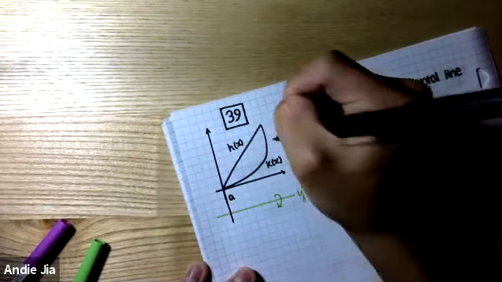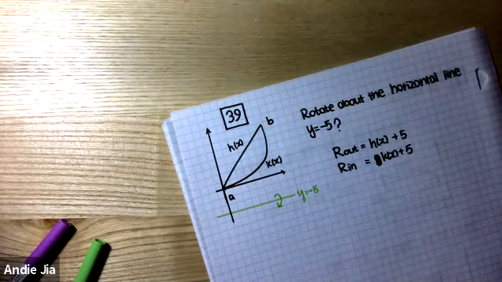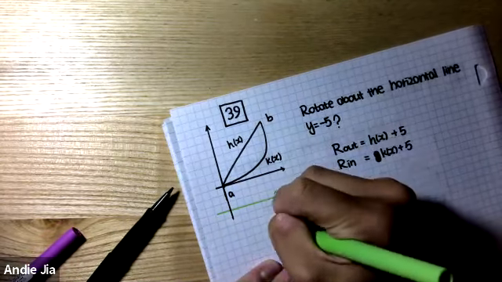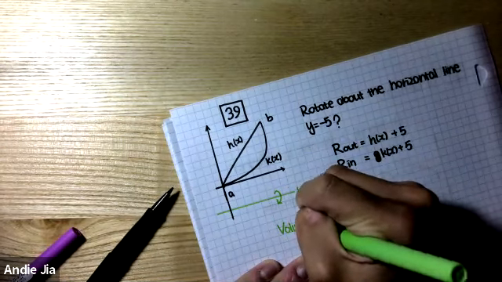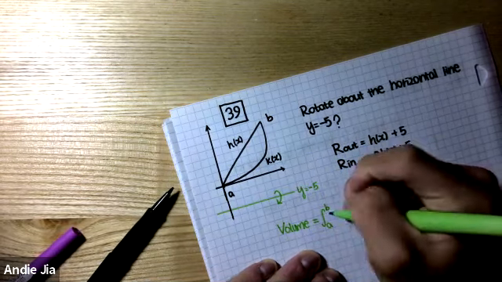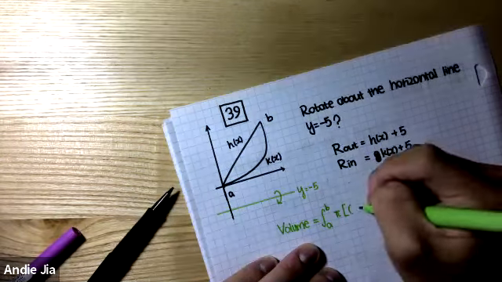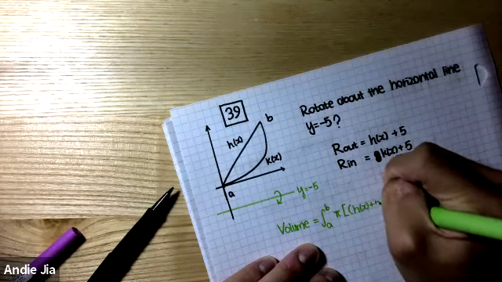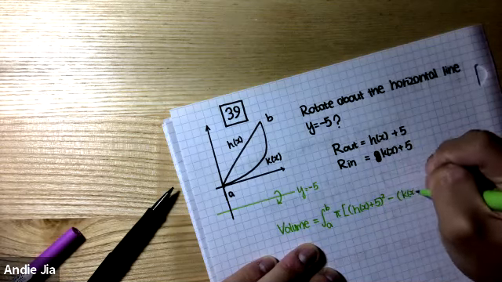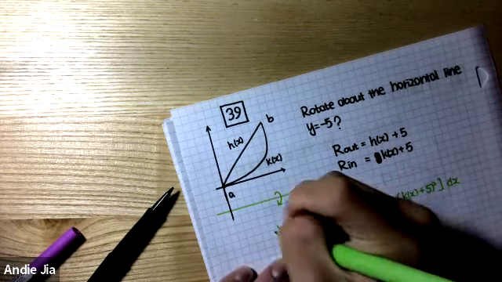The points are still a and b. The volume is the integral from a to b of pi times (h of x plus 5) squared minus (k of x plus 5) squared dx. Here's the volume.